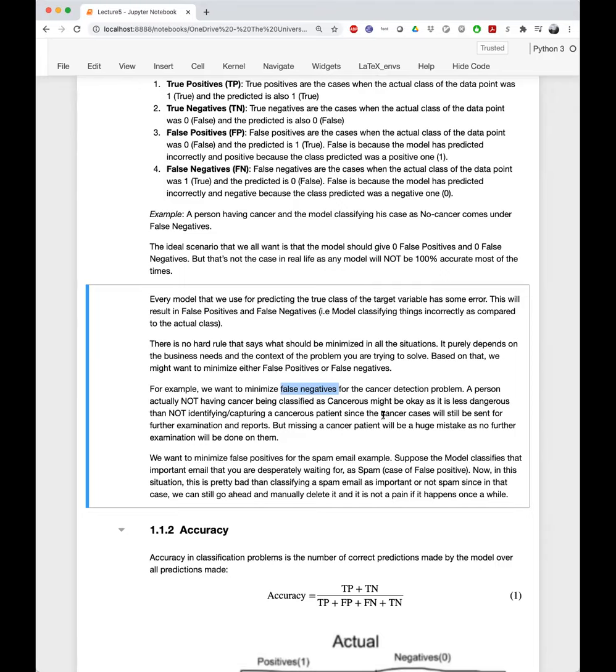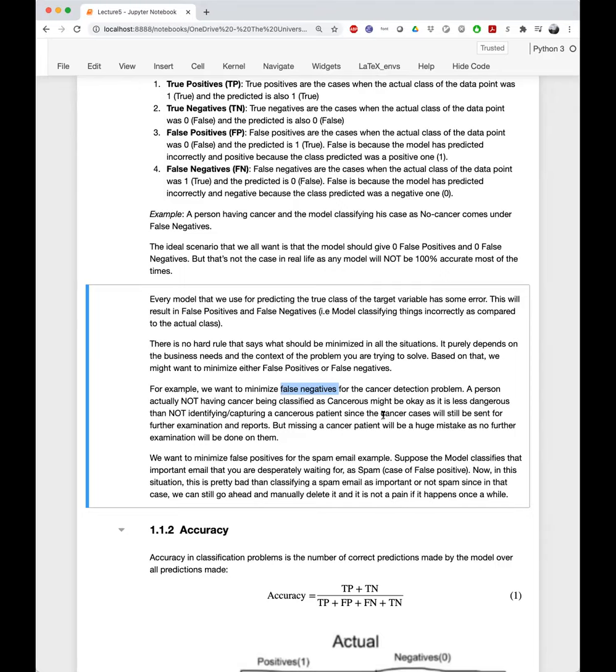And you can tolerate increasing false negatives, which means more cases where the model predicts the email to be non-spam, but it's actually spam. In this case, you can just read the spam email and delete it yourself.